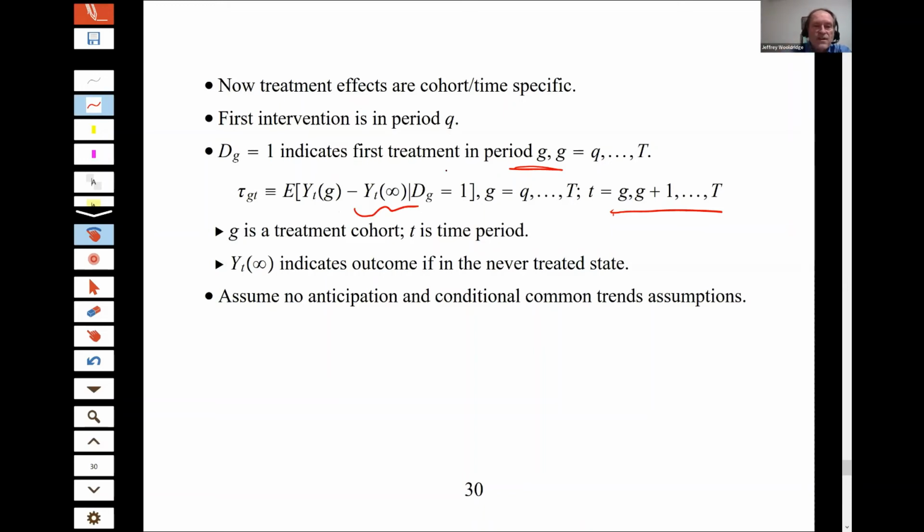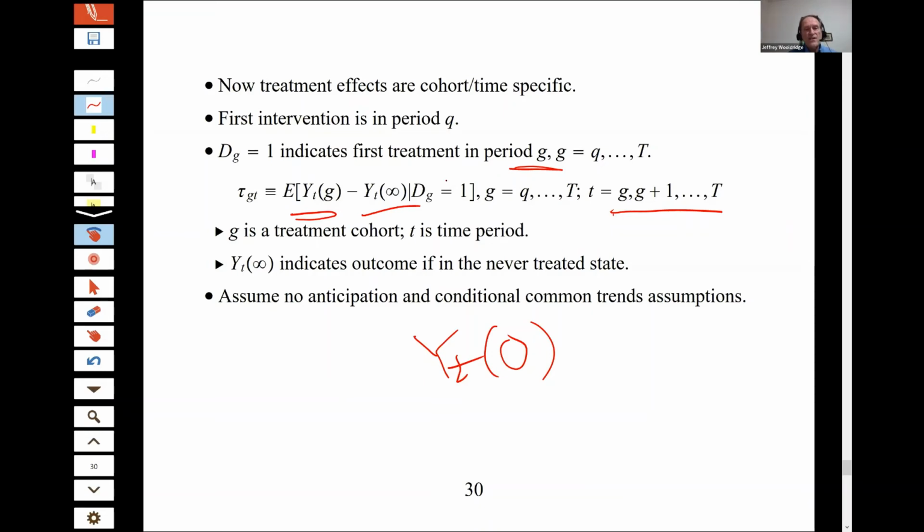Okay. This is kind of a strange notation, but I borrowed it from a paper by Athey and Imbens because I was struggling with this idea of calling this Y0, because what we're really saying is we're comparing the outcome in the state of first being treated in period G with the outcome in the state of never being treated. Okay, so this is where this idea that there's a group that is never subjected to the intervention comes into play.